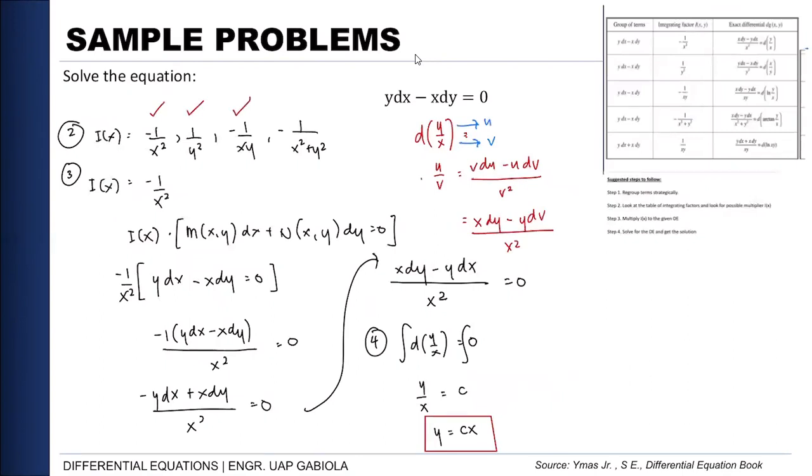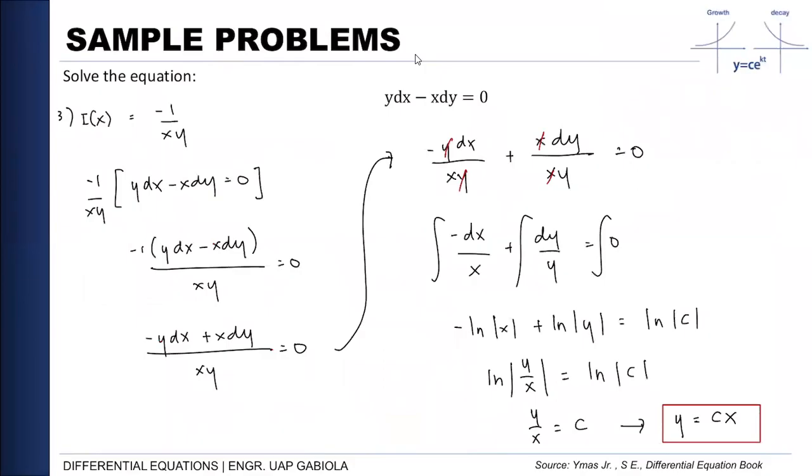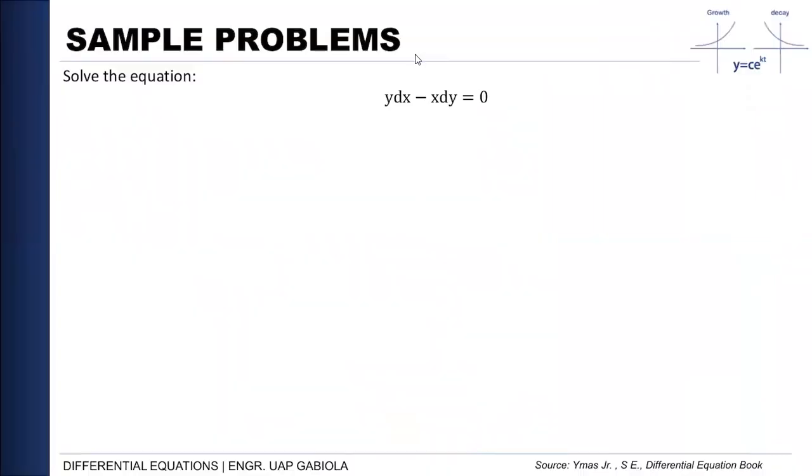Then last, we try the last one, number 4. Negative 1 over x squared plus y squared. Okay, so we have y dx minus x dy is equals to 0 multiplied by negative 1 over x squared plus y squared.